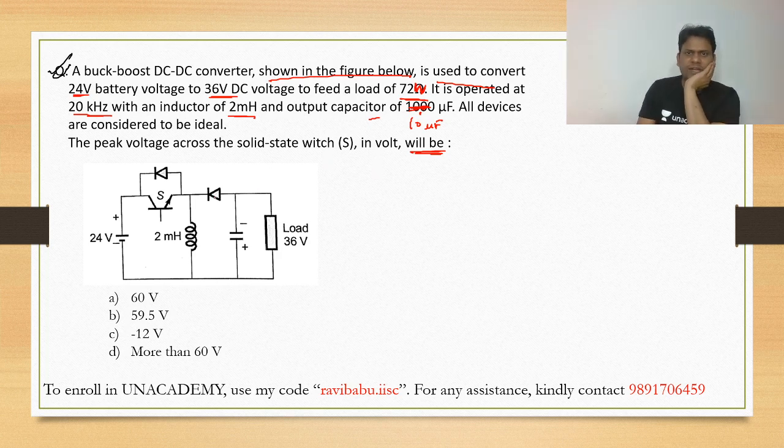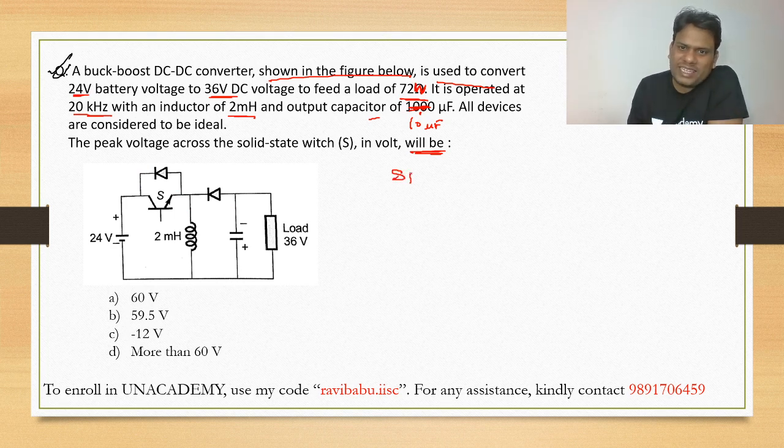Now tell me the type of this converter. I'm giving you options: step down chopper, step up chopper, or buck boost converter. As I told you, in step down, the inductance is present on the load side. In step up, the inductance is present on the source side.